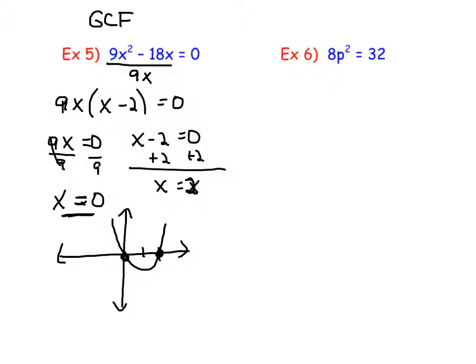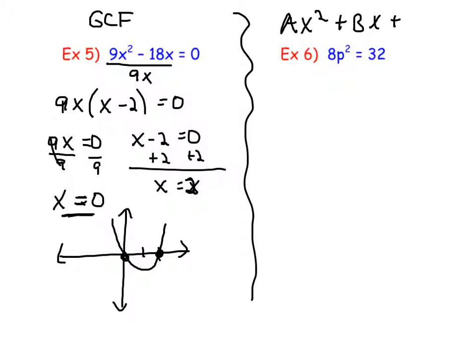All right, let's look at example 6. Remember, you want to make it look like ax squared plus bx plus c equal to 0. Now this one, we're going to subtract 32 from both sides. So I'd have 8p squared minus 32 equal to 0.